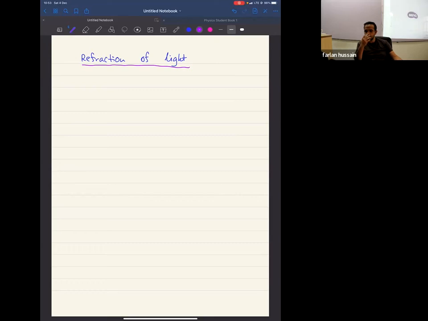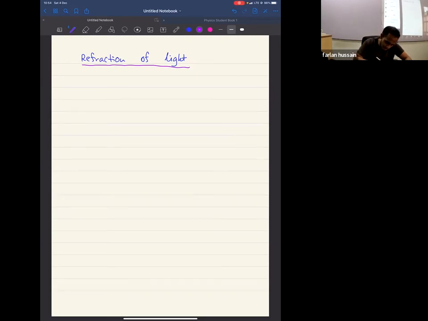When light is moving from one medium to another medium, it bends either towards the normal or away from the normal. Yes. That is what we call refraction.